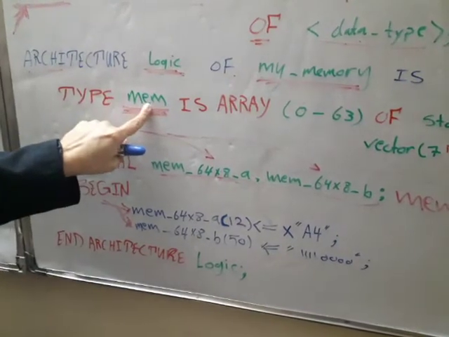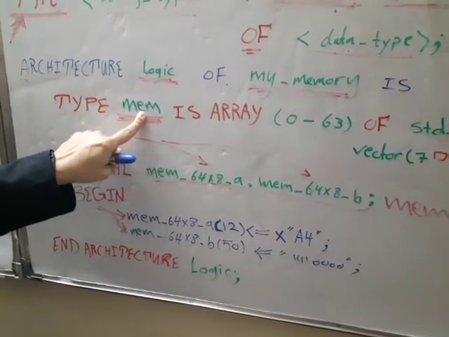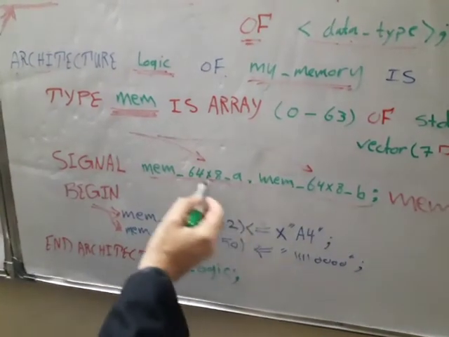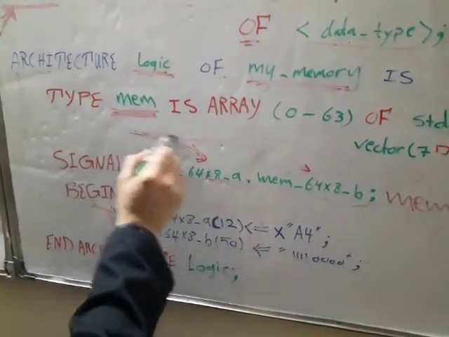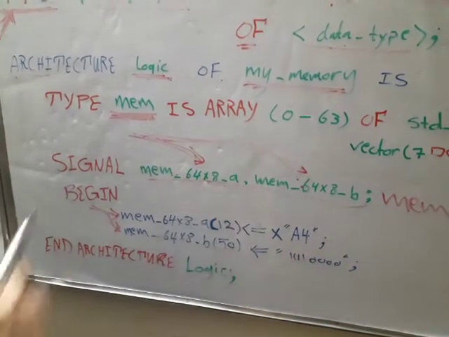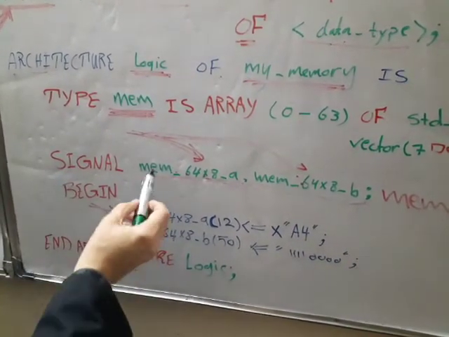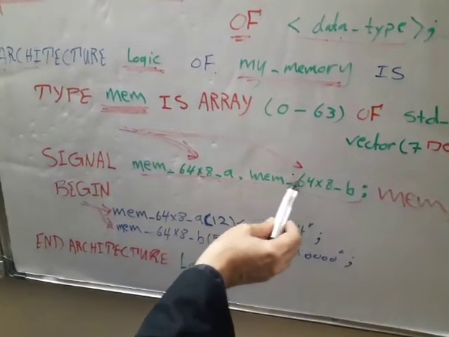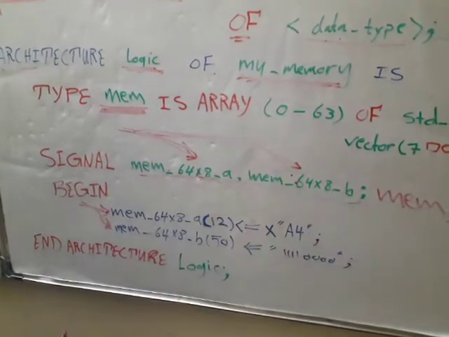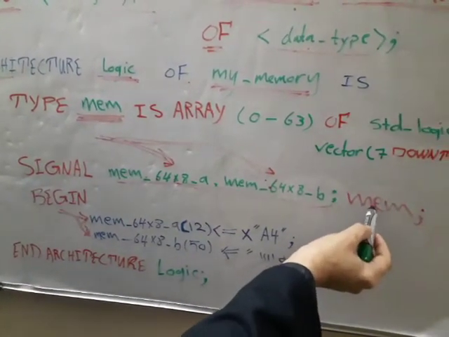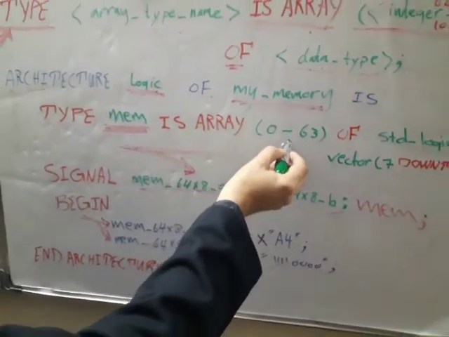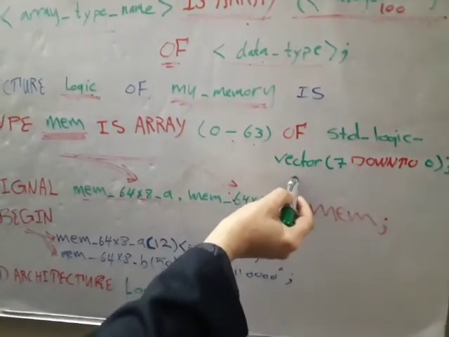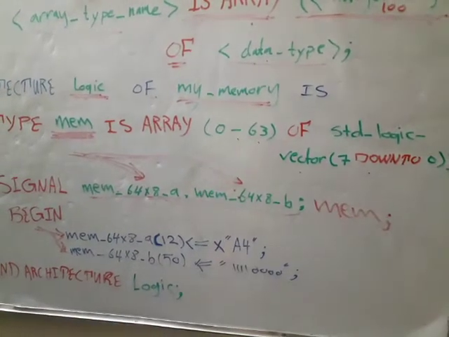This is a new data type defined in this example, and it is very useful to declare these two signals. So now mem64_8A and mem64_8B will each have 64 locations, and each location is a standard logic vector of 8-bit width.